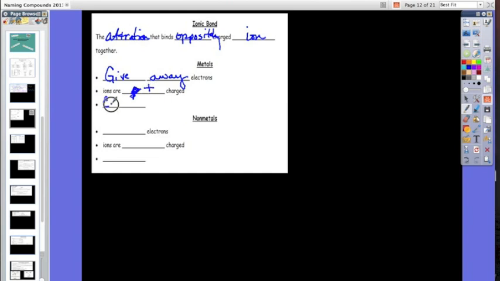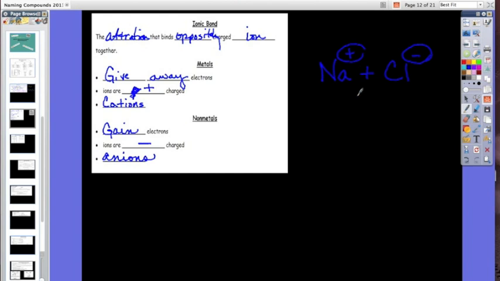Positively charged, and we call those cations. For nonmetals, these are going to gain electrons, and they are negatively charged, and we call these anions. We would need a metal plus a nonmetal, and so we would have positive, negative. We look these oxidation numbers up off of the chart, and that's what an ionic bond looks like.